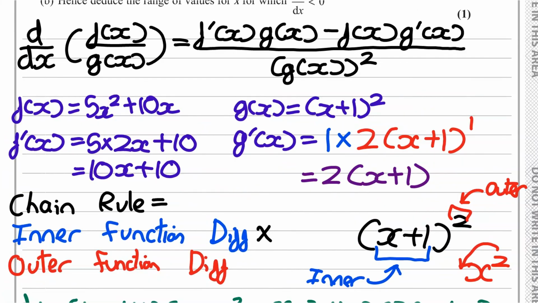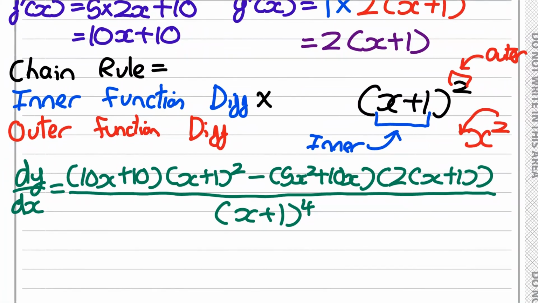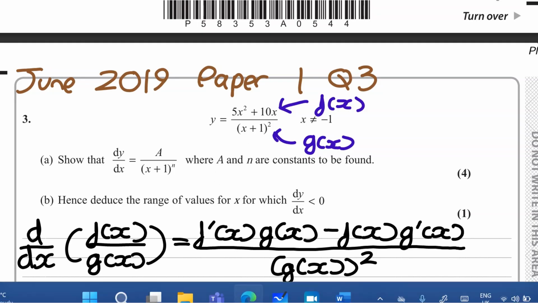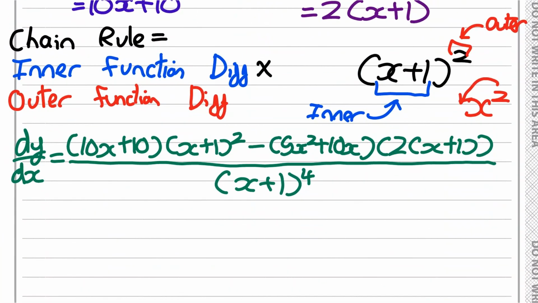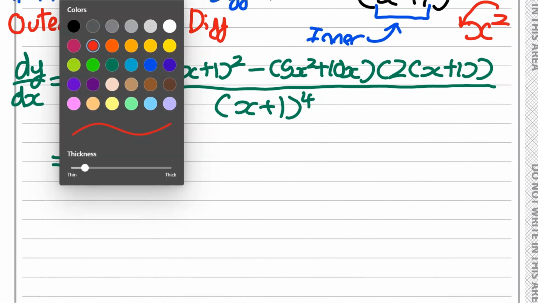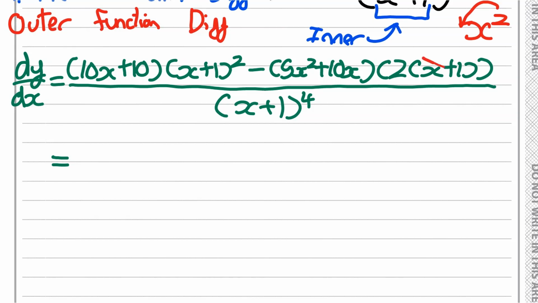So we need to show that this here can be written in the format of a over x plus 1 to the power of n. So we need to simplify this. Okay, so if we do this, firstly, we have this x plus 1 to the power of 2 here, we have this x plus 1 here, and we have this x plus 1 to the power of 4 here. So we can do some cancelling out, because this x plus 1 will cancel out, this x plus 1 to the power of 2 will cancel out once and leave us with x plus 1 to the power of 1, and one of these x plus 1s will cancel out down here and leave us with the power of 3.